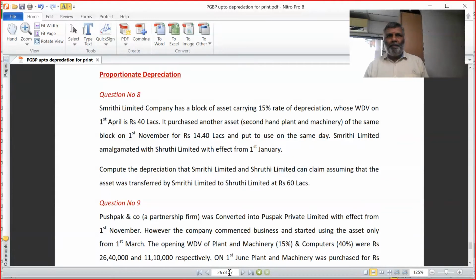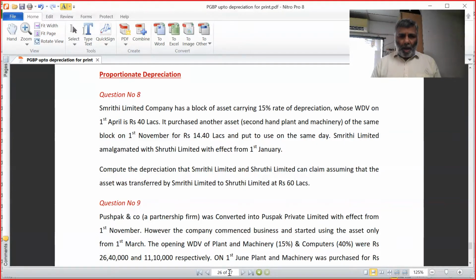Question number 8. Smriti Limited has a block of assets carrying 15% rate of depreciation whose opening WDV is 40 lakhs. It purchased a second-hand plant and machinery of the same block on 1st November for 14 lakh 40,000 and put it to use on the same date.